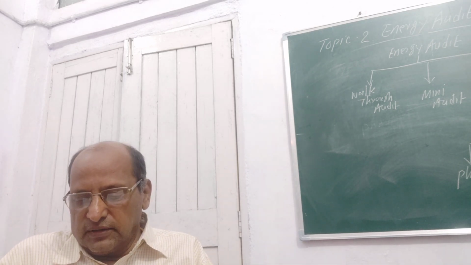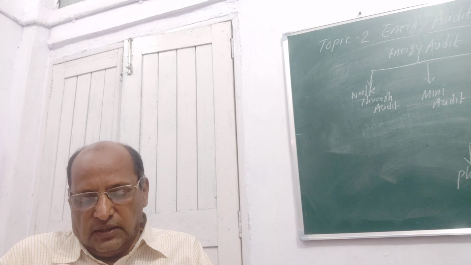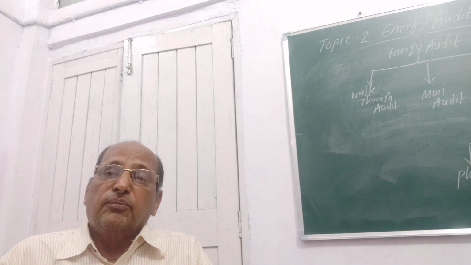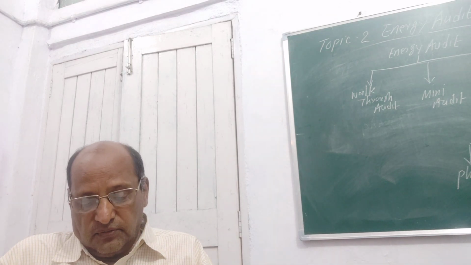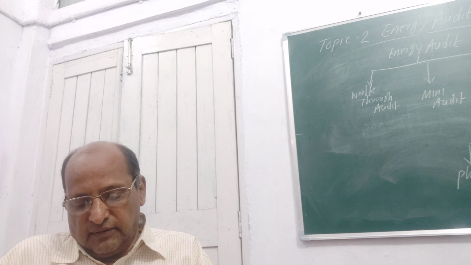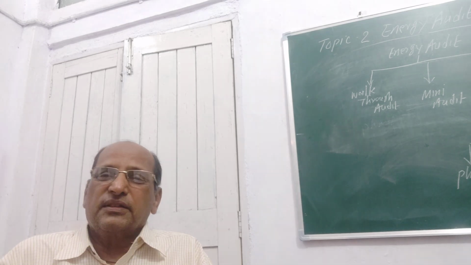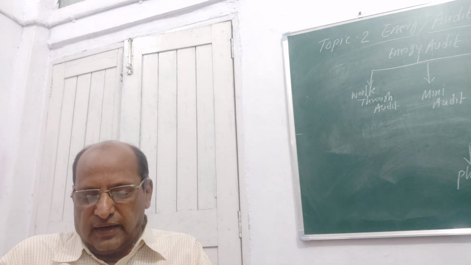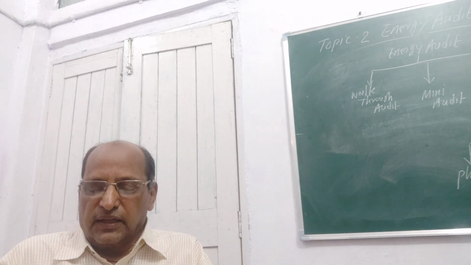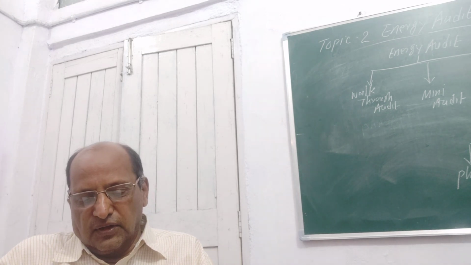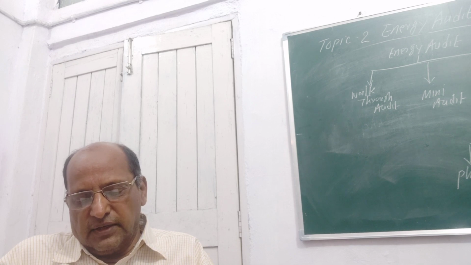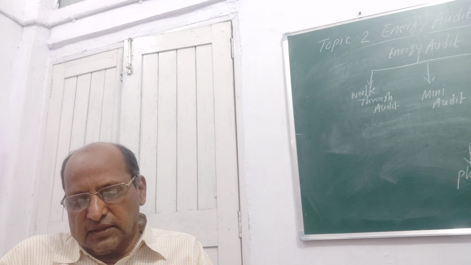So these are all three phases of audit, in which material balance and energy balance are important points. Sometimes they ask for a short note on material and energy balance. So in this you have to write that material and energy balances are very important in an industry.